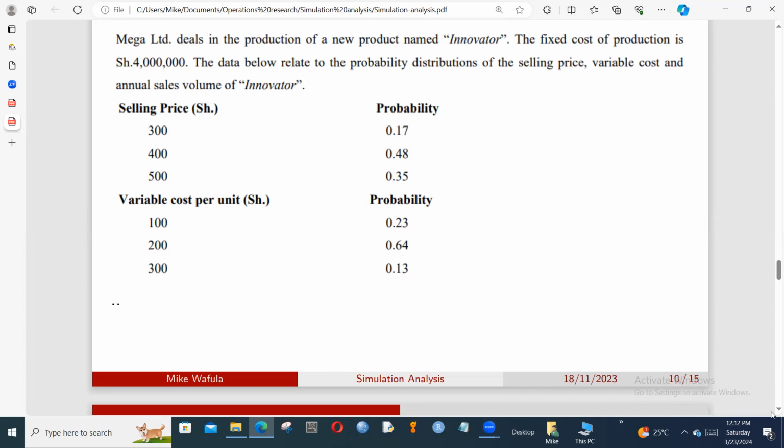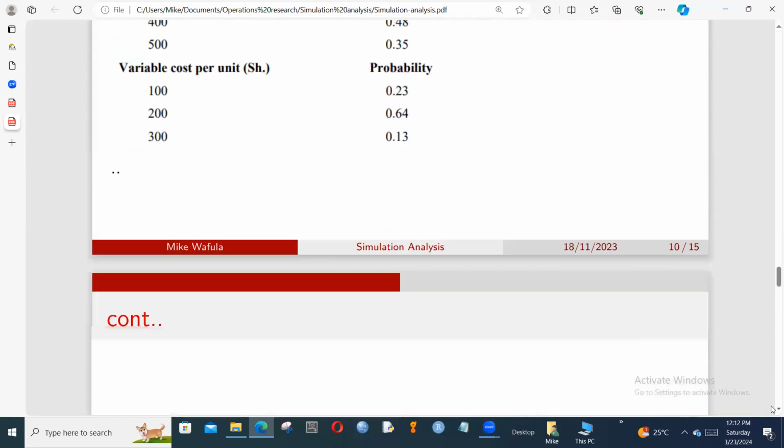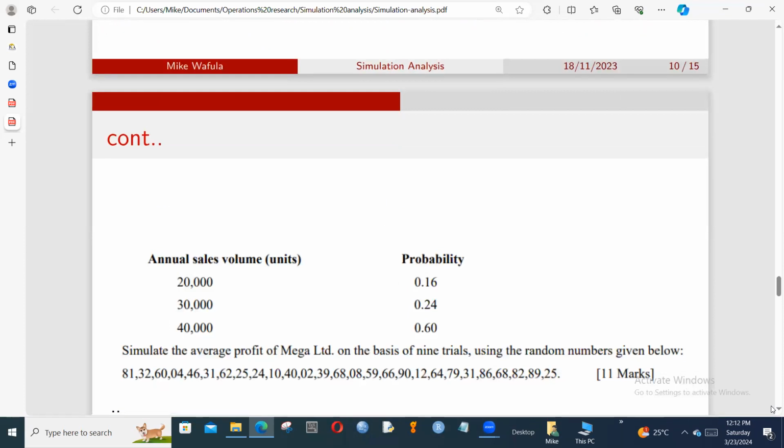We are told there is a fixed cost of production estimated at 4 million. You are told the data below relate to the probability distribution of the selling price, variable cost, and annual sales volume. So you now have 3 variables given down here.